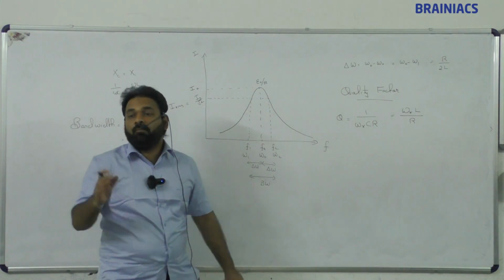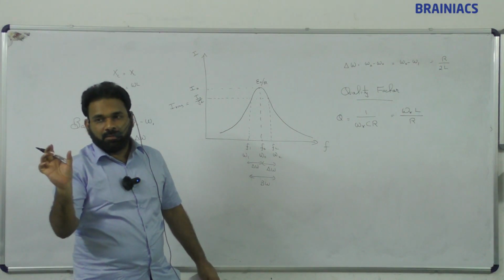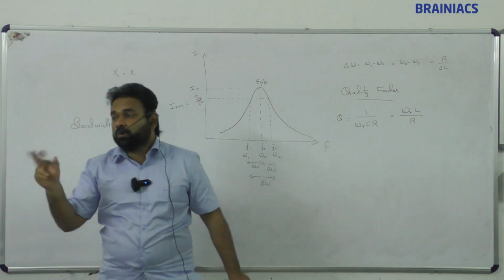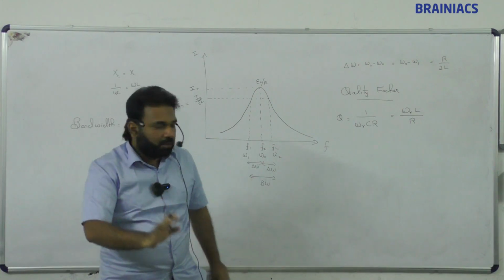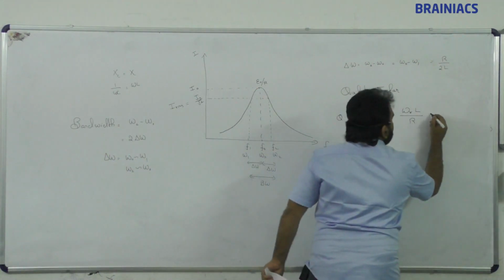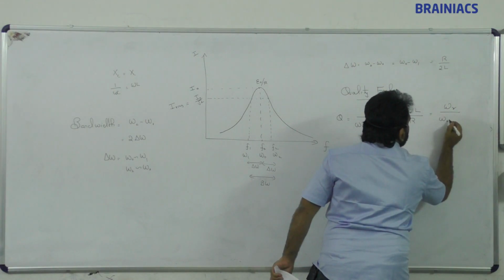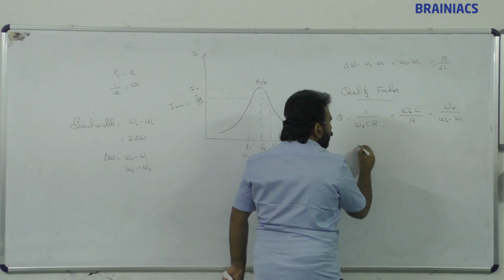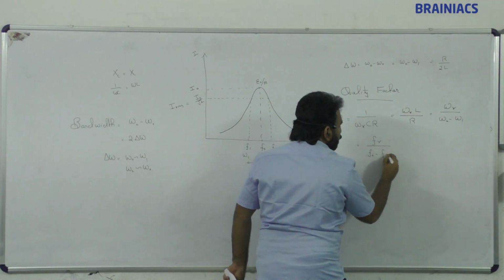Then, resonant frequency divided by bandwidth. Resonant frequency is a frequency, and bandwidth is also a frequency. So we can write it as omega R divided by omega 2 minus omega 1. Is there anything wrong if we write FR by F2 minus F1?